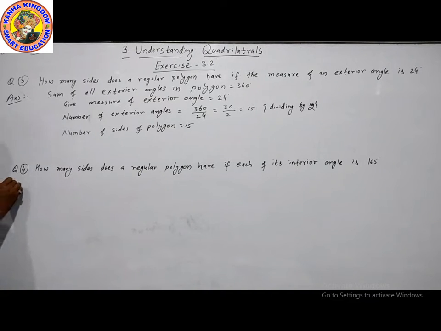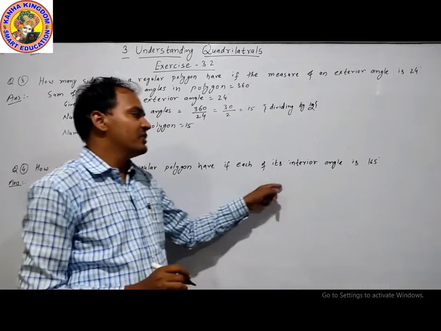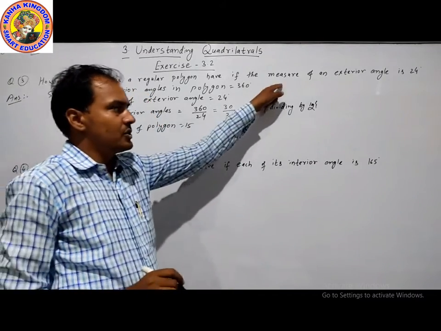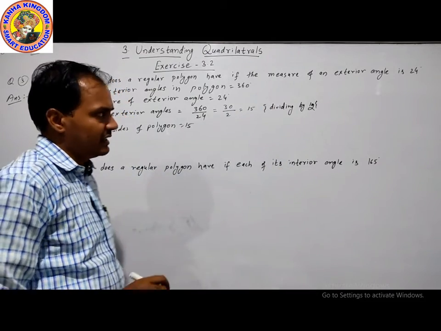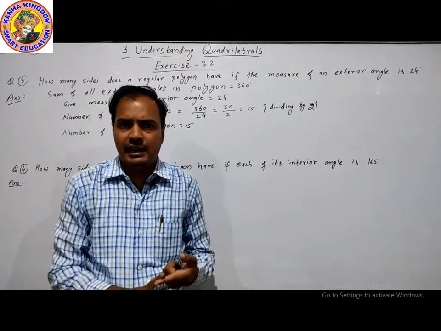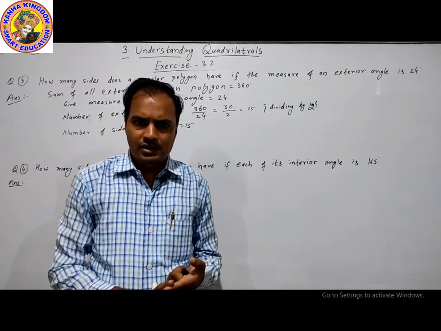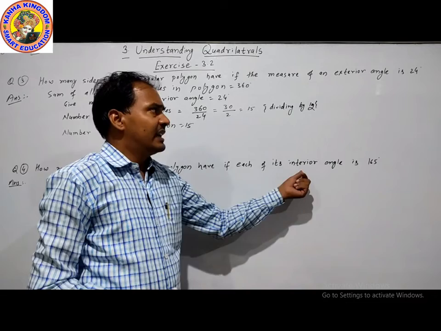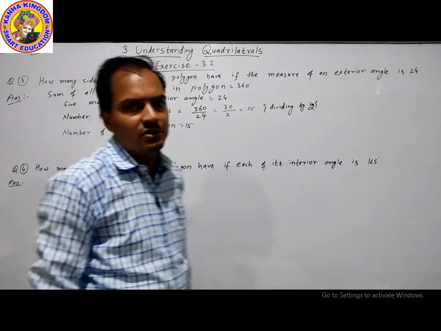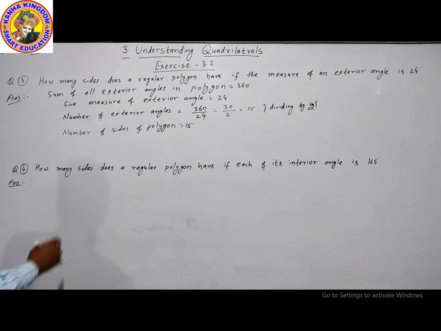Now question number 4. How many sides does the regular polygon have if each of its interior angles is 165? This question gives the interior angle, and interior and exterior angles are linear pair angles. So the sum of linear pair angles is 180. So we can find the exterior angle value by 180 minus 165.